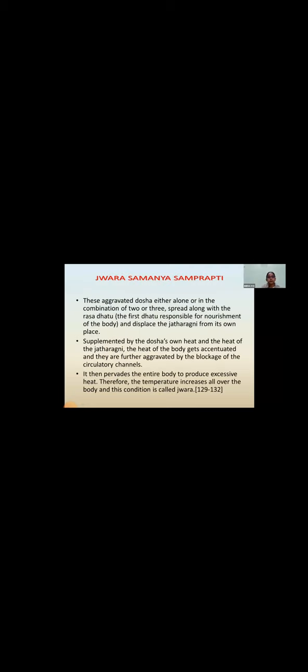All these together, shrotamsi rudva sampraptaha kevalam dehamurvana, cause the complete tapa in the body. Santapa madikam dehe, the total body becomes tapa. Janayante narasada bhavati atyushna sarvango jvarisatena cha uchate. This is how the jwara originates. So this is the samanya samprapti of the jwara.